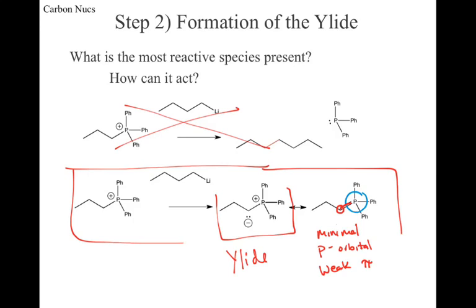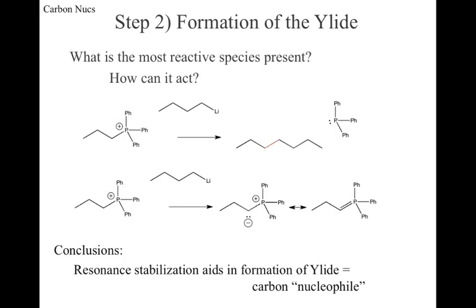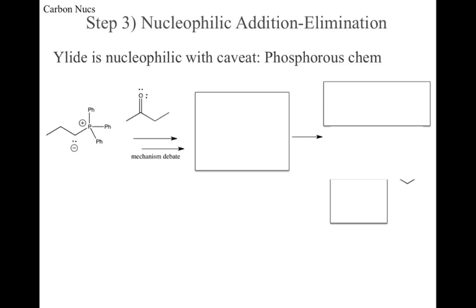Ylides. So we now have a carbon nucleophile. Pretty sweet. That resonance stabilization is really what drives this reaction, and we now have a carbon nucleophile. Now we've got this nucleophilic carbon with a slight caveat with it, and it's really going to come back to the phosphorus chemistry.